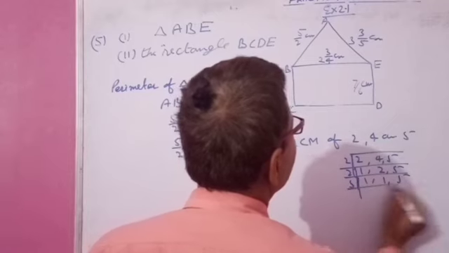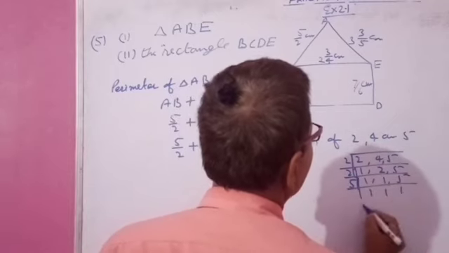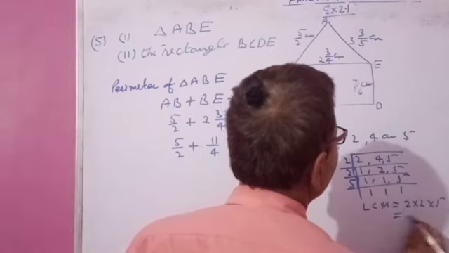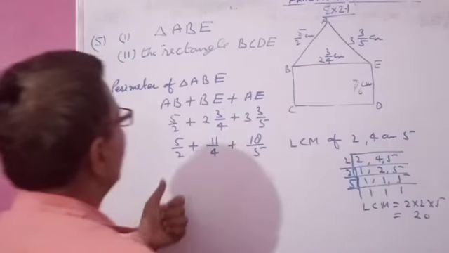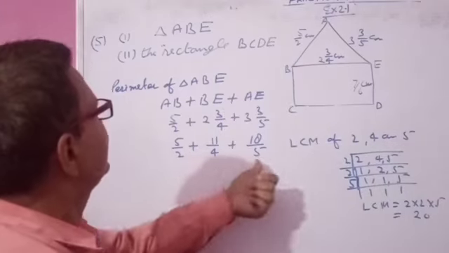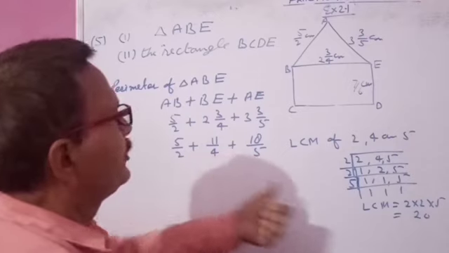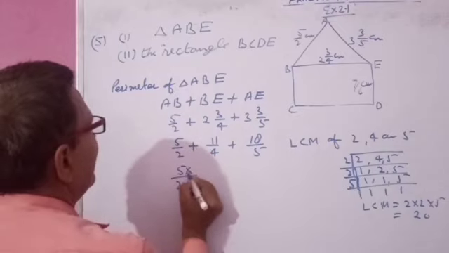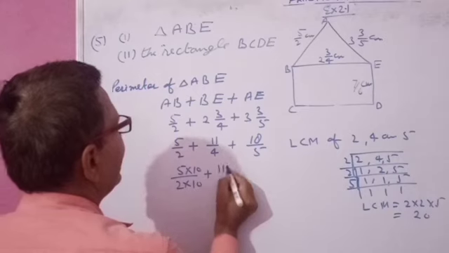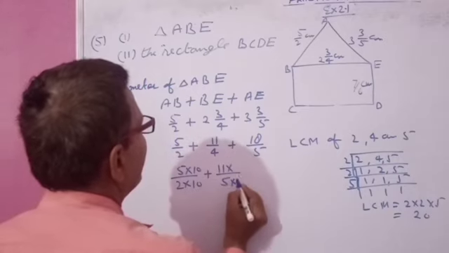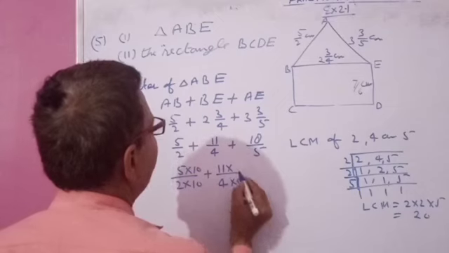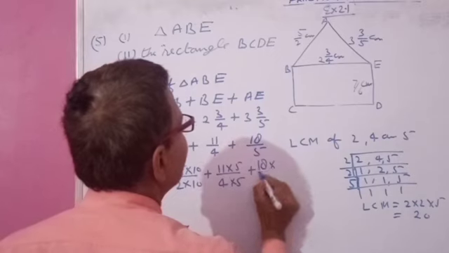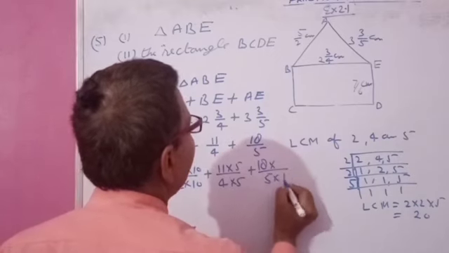LCM is equal to 2 multiplied by 2 multiplied by 5, that is 20. Now you will change all these fractions to denominator 20. 5 upon 2 you will multiply by 10 to get 20, 11 you will multiply by 5, and 18 you will multiply by 4.